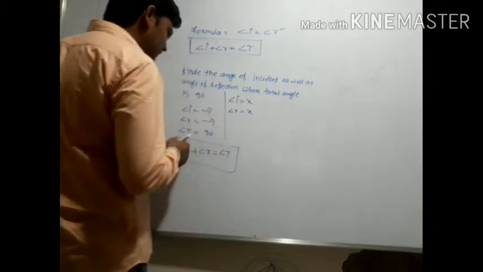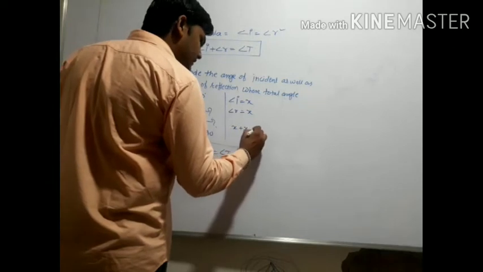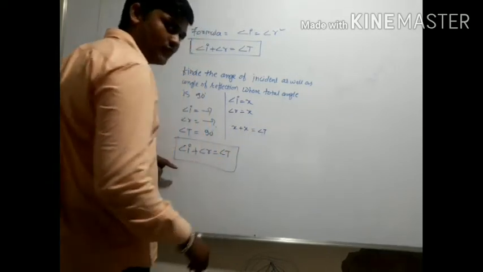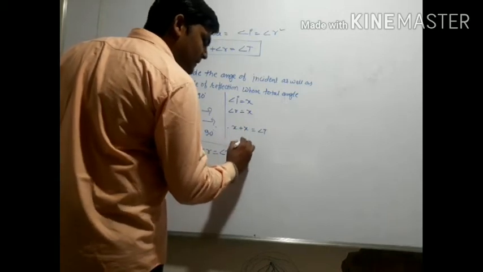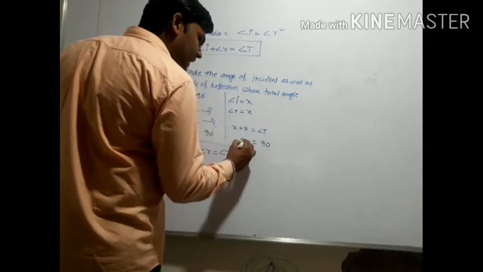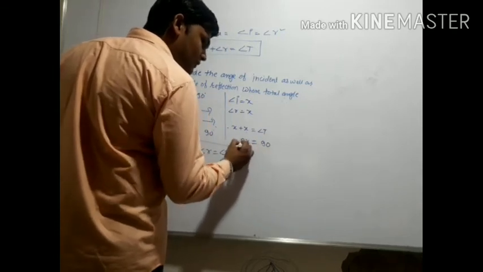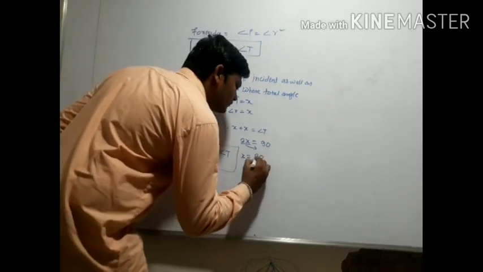Put both values in this formula. So what you will get here is x plus x is equal to total angle. Again put the values: x plus x becomes 2x is equal to 90. Next, moving this 2 to the other side, multiplication becomes division. So x is equal to 90 by 2, which is 45.